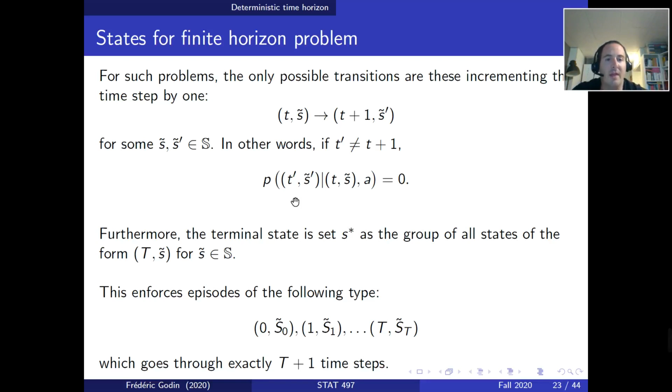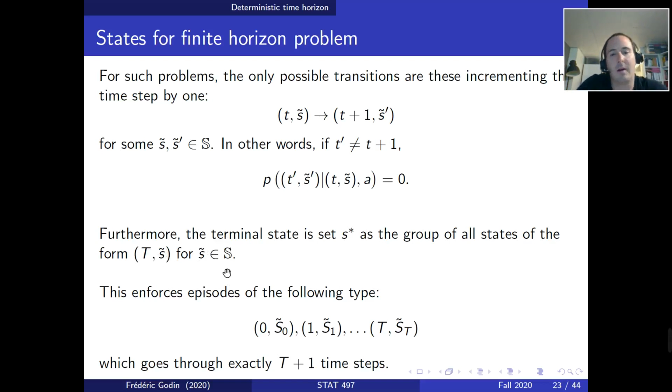And furthermore, in these types of problems, we can define the terminal state S star as the group of all states of the form capital T, S tilde, for the various S tilde being raw states.